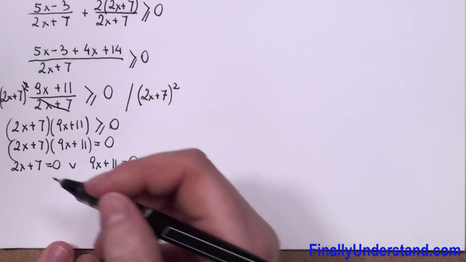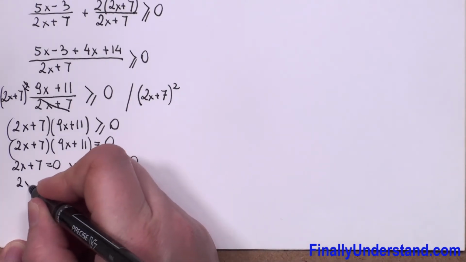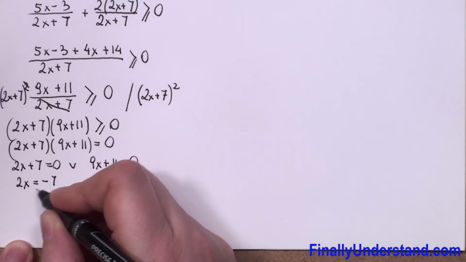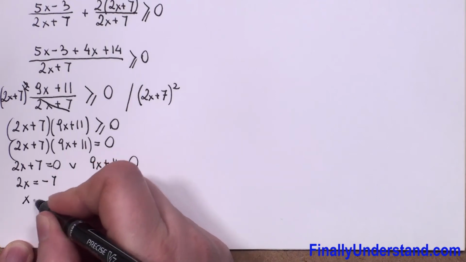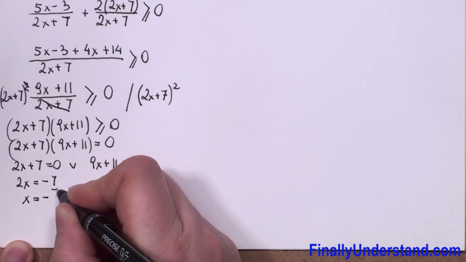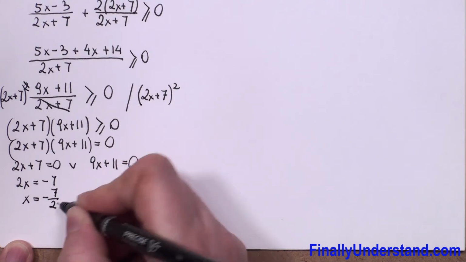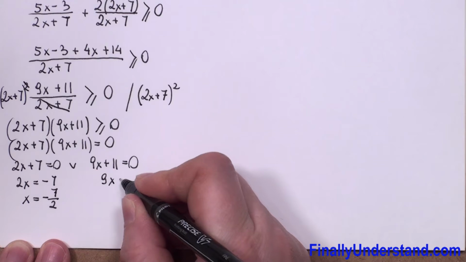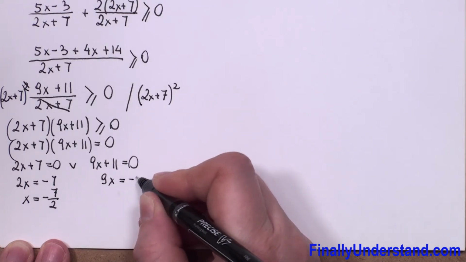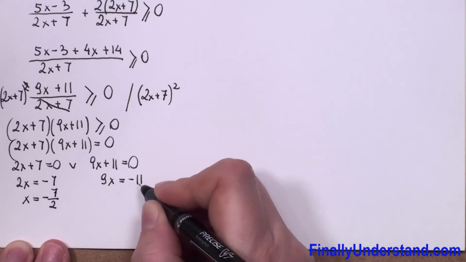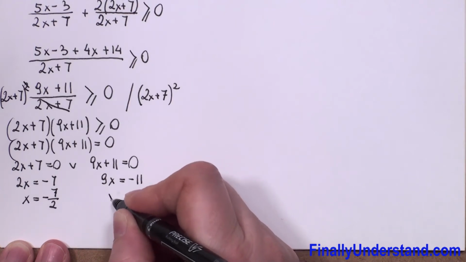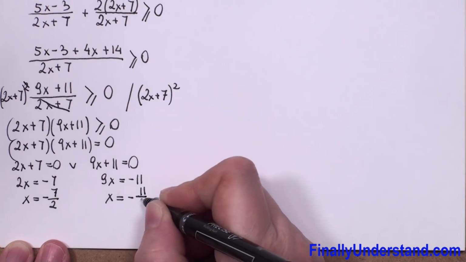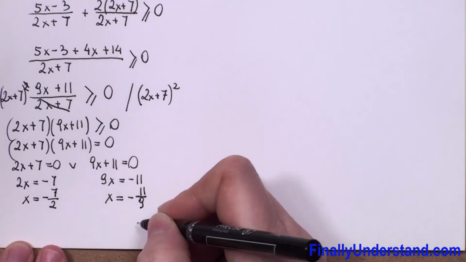So we will have 2x equals negative 7. I will divide both sides by 2, so x equals negative 7 over 2. And the second equation: 9x equals negative 11. I will divide both sides by 9, so x equals negative 11 over 9.